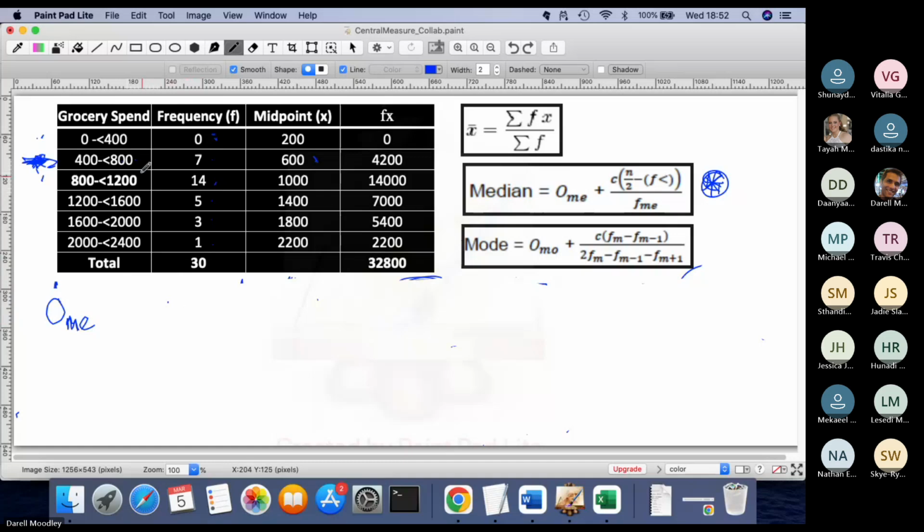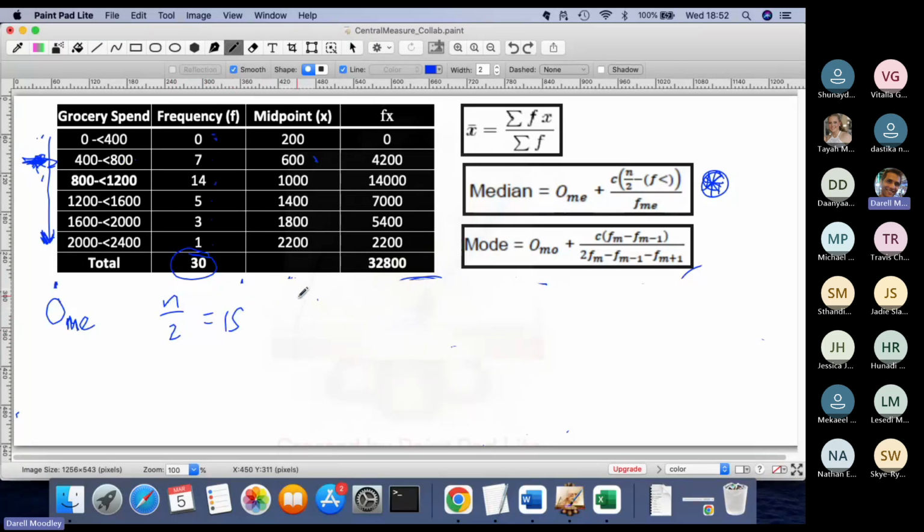But these intervals are going from the lowest to the highest interval from the top to the bottom. So there are 30 people in total. That means if we had to rank them from lowest to highest, the middle person would be the 15th person. How did we get that? Well, it's n over 2, which is 15.